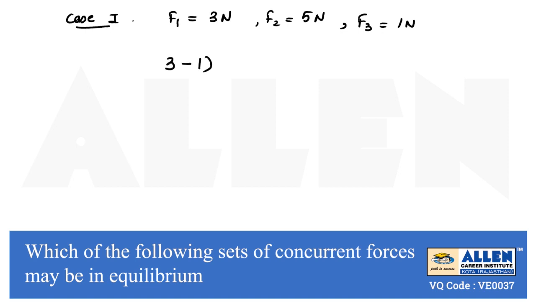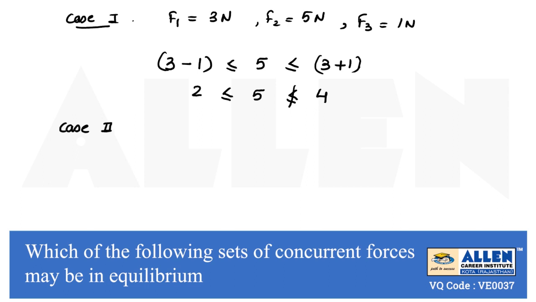The difference of these two should be lesser than the remaining one, that is 5, and 5 should be lesser than the summation of these two. So here we can see 2 is lesser than 5, but 5 is not lesser than 4, meaning this set is not in equilibrium.